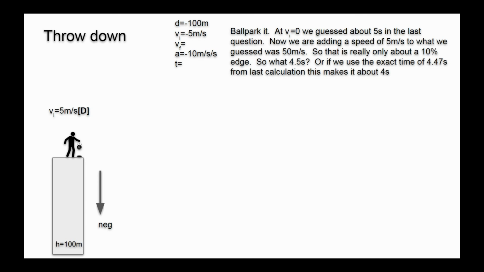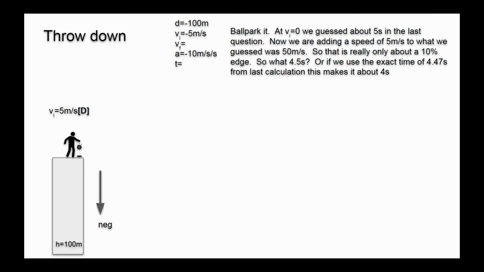Let's look at the throwdown. When we throw it down, we're going to add speed to it. Everything's going to be negative now. Can we guess the time like we did last time? Yes, with a little bit of thinking. We are adding 5 meters a second to a speed that we guessed to be 50 meters per second on the last problem.